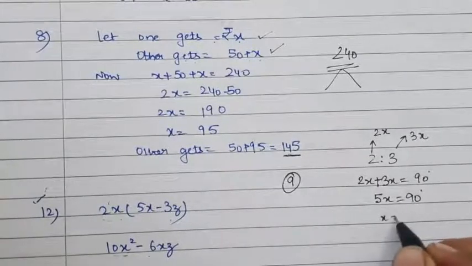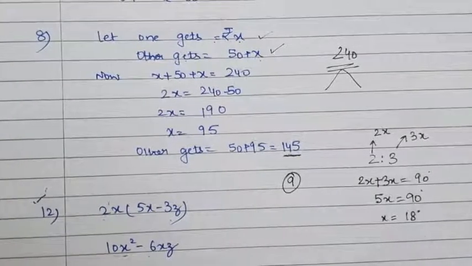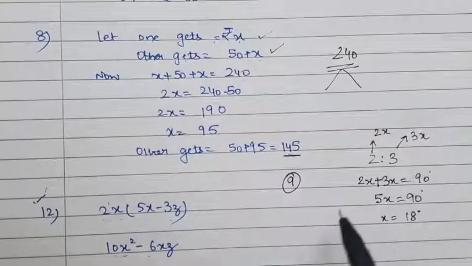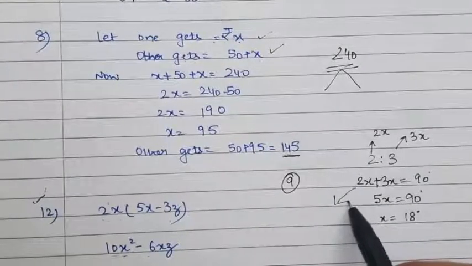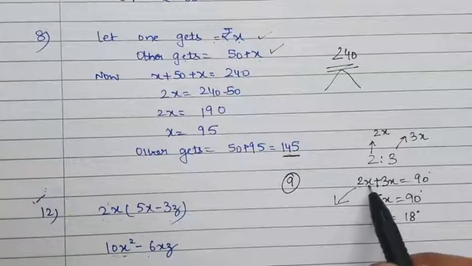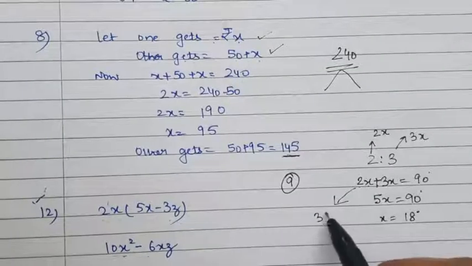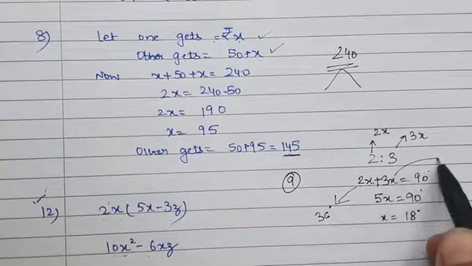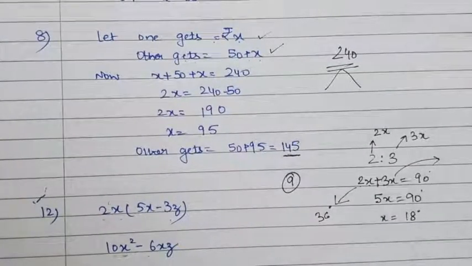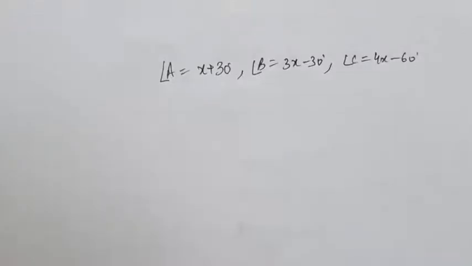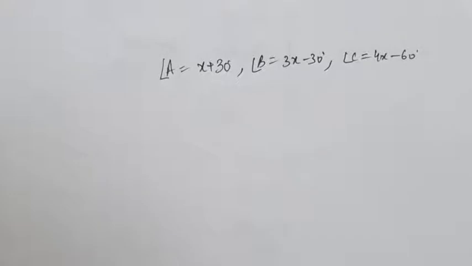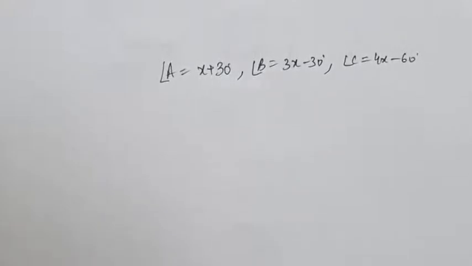So x we got is 18 degrees. So the first angle will be 2 into 18, that is 36, and the other 3 into 18, that is 54.